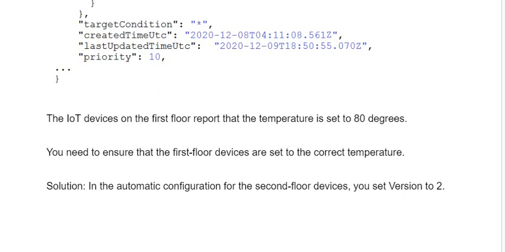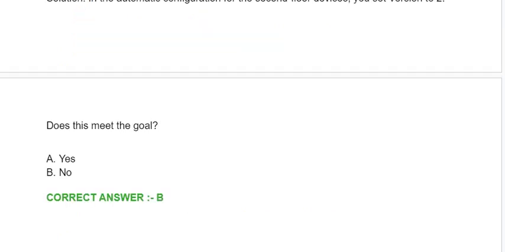You need to ensure that the first floor devices are set to the correct temperature. Solution: in the automatic configuration for the second floor devices, you set version to 2. Does this meet the goal? Options are yes or no. Correct answer is no.